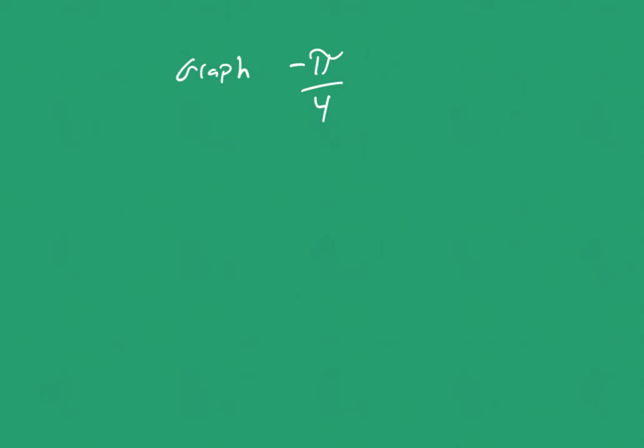So to go from radians to degrees, you're going to take your radians, whatever that is, times 180 over pi.